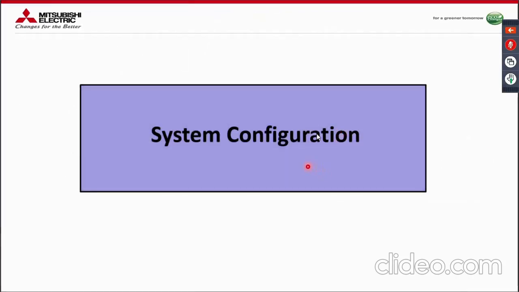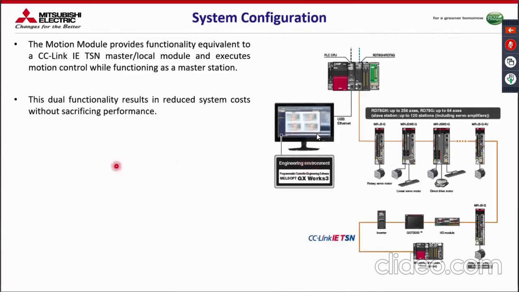Now first of all we will see the system configuration. In this system configuration, we have our engineering tool, GXWorks3, and on the other side our PLC is connected. Right now we are using the RD78G4 motion module, so this R series module should be connected with your R series PLC. Depending on whether it is a 4-axis, 16-axis or 32-axis model, it controls that number of axes.